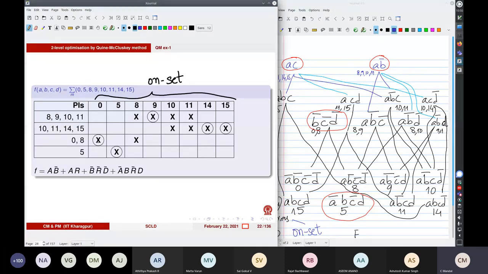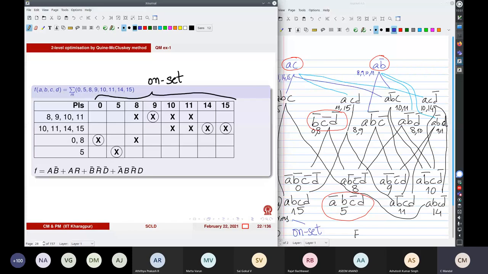So this is an essential prime implicant. So these are all prime implicants, and if the prime implicant has a circle in its row, then it's an essential prime implicant, because it is the only prime implicant covering 0, all right? So this is an essential prime implicant.